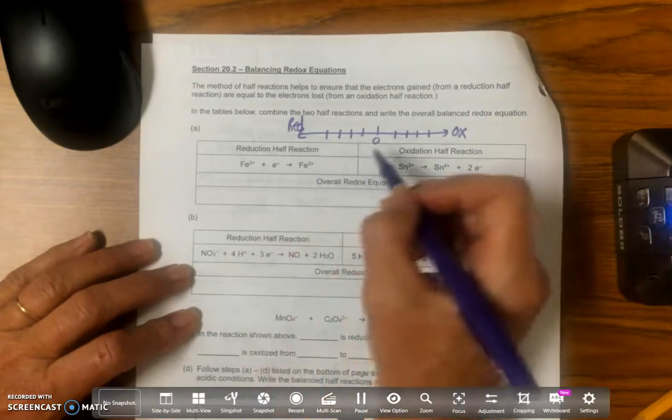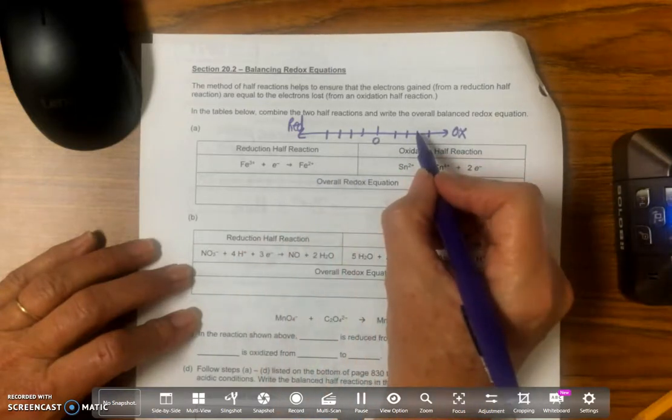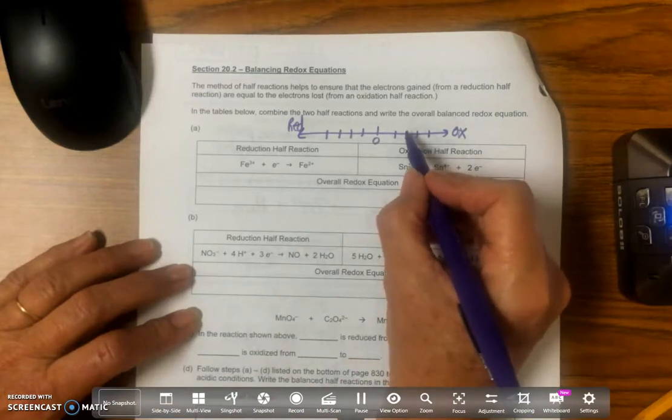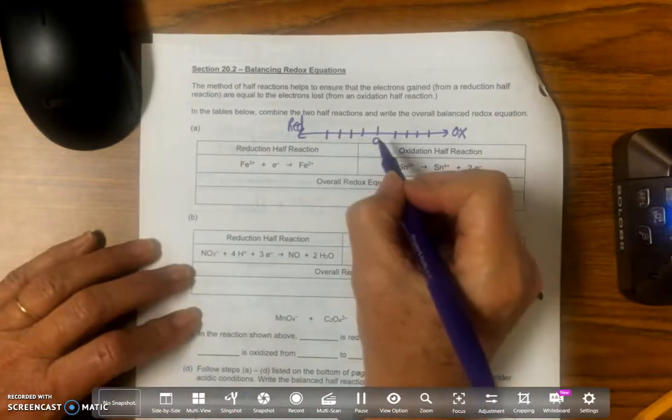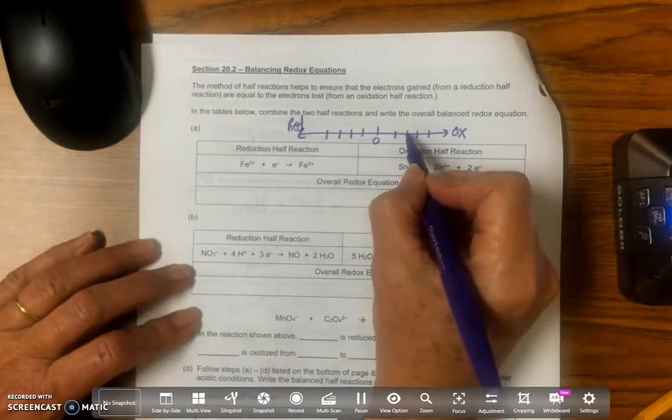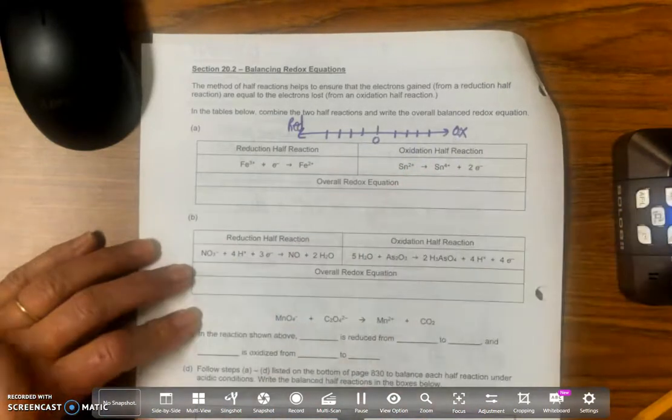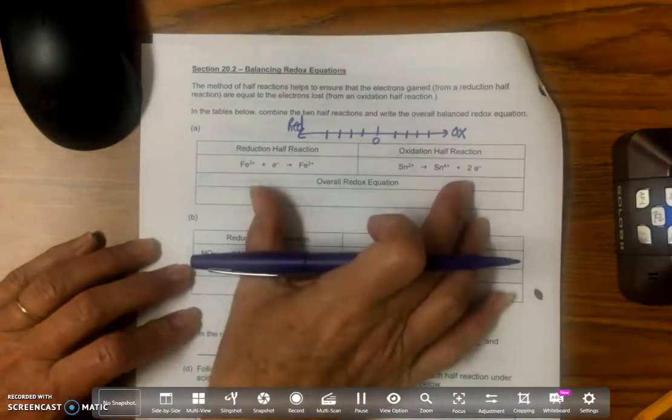But sometimes if I go from +3 to +2, which way is that? If you do it on the number line, you're going in the reduction direction, right? If I become more positive, or I go from a +2 to a +4, that's the oxidation direction. So that's a possibility. All right, what do I do next?